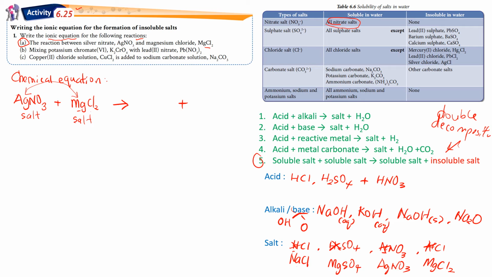So it will form magnesium nitrate and silver chloride. Before we balance the equation, we must check the formulas.